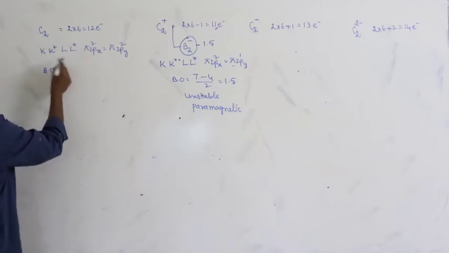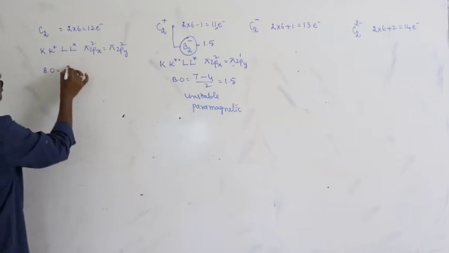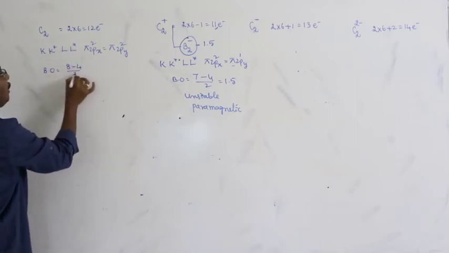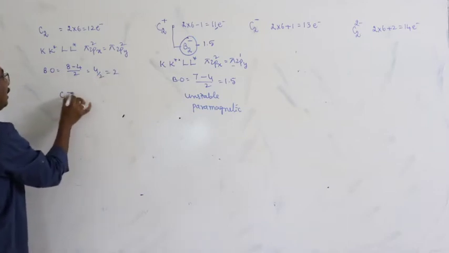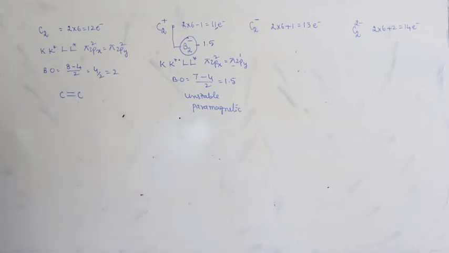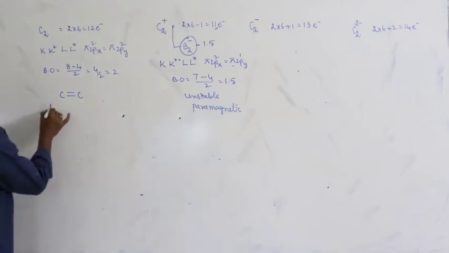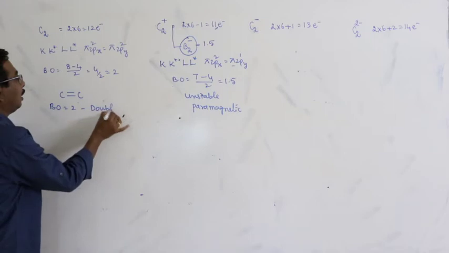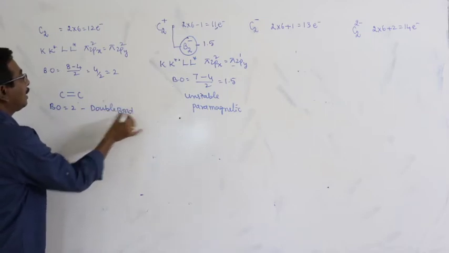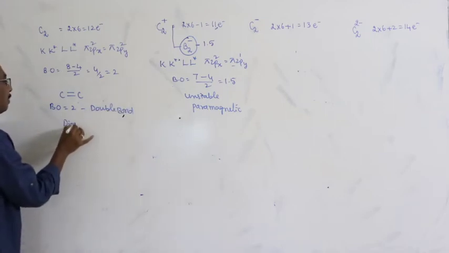Bond order is equal to 4 plus 4, 8 minus 4 by 2, that is equal to 4 by 2 is equal to 2, means double bond. Here bond order is equal to 2, means double bond. What about the nature of the species? Diamagnetic.